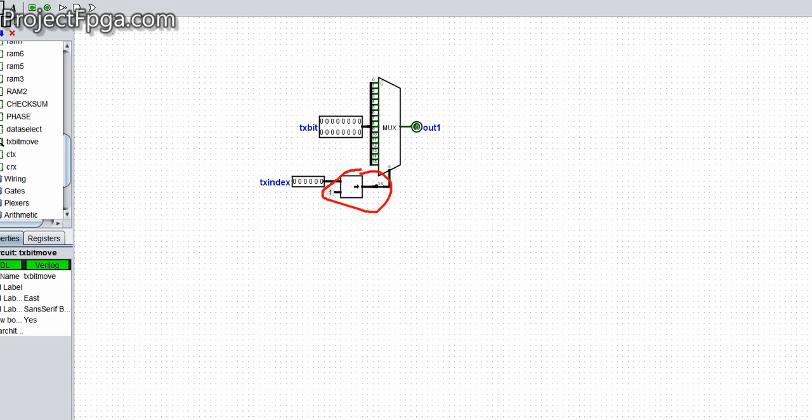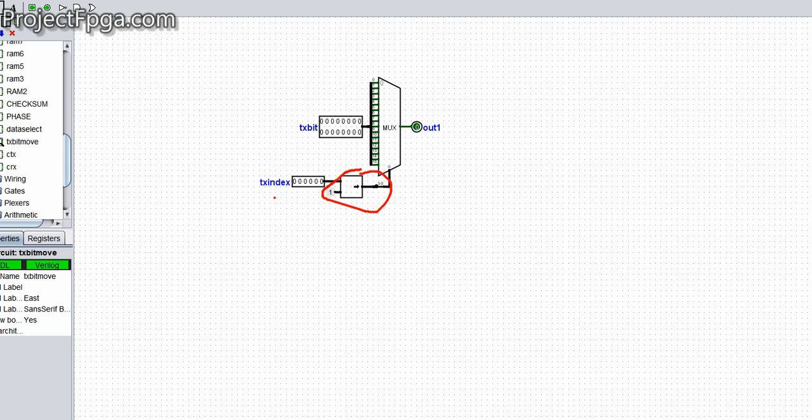Remember, shifting by 1 in actual sense means divide by 2. Whenever you see shift by 2, it means divide by 4. Shift by 3 means divide by 8. If you are doing the opposite way, a left shift by 1 means multiply by 2. So that is it.